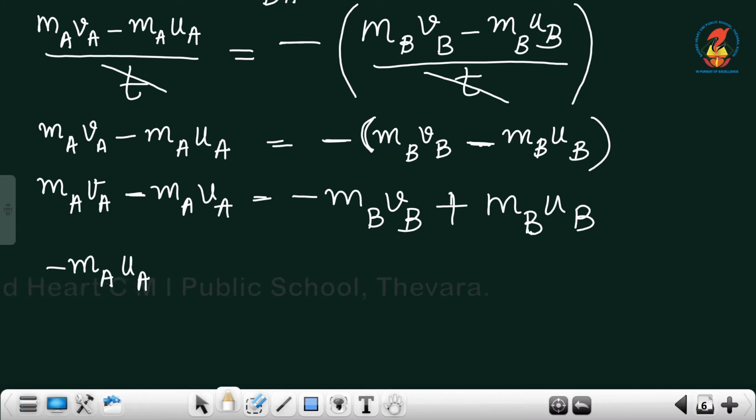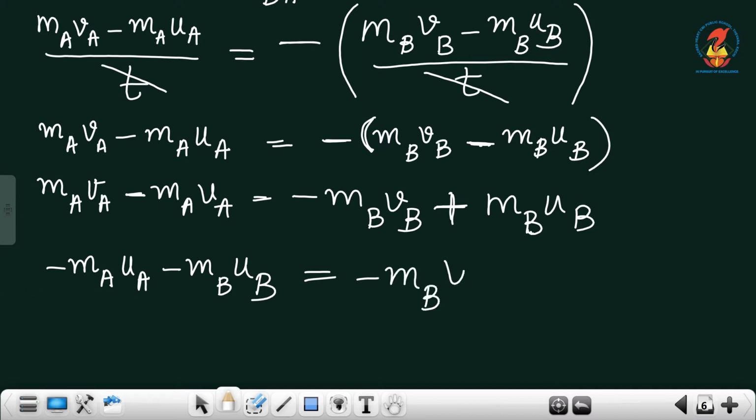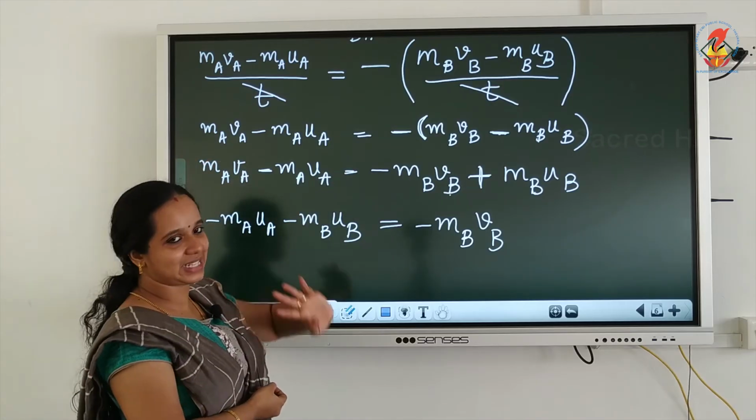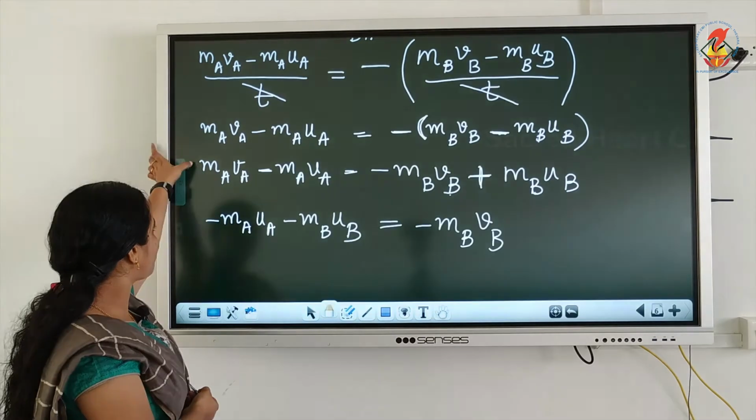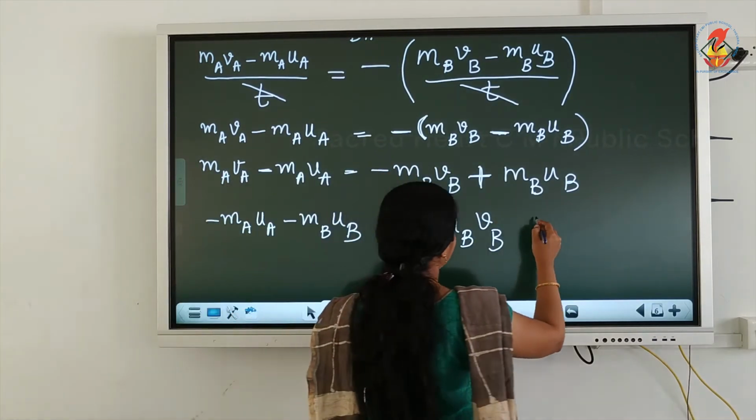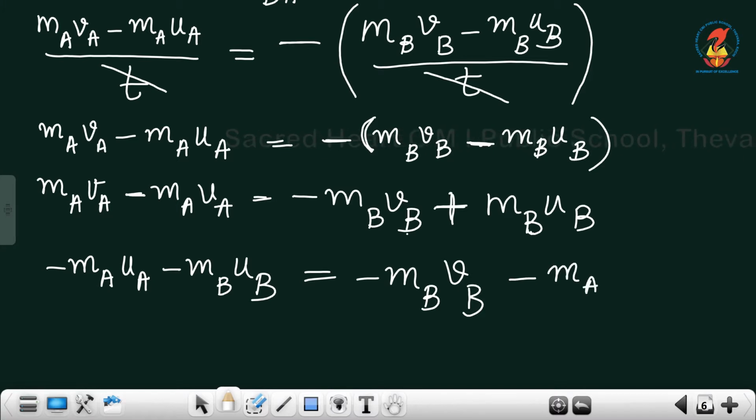Here it is plus, so when it moves to the other side of the equation, it becomes minus MBUB, which is equal to, already I have minus MBVB in the right hand side. Now, bring this MAVA to the right hand side. Here it was positive MAVA. When it moved to the right hand side, it becomes minus MAVA.